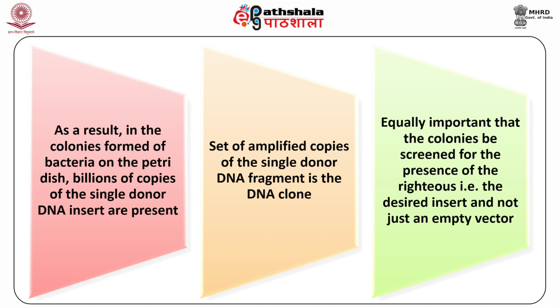It is also equally important that the colonies be screened for the presence of the righteous, that is, the desired insert, and not just an empty vector. For this purpose, multiple methods can be used. Most common ones are using an antibiotic in the culture plate against which a resistance gene is present in the plasmid.